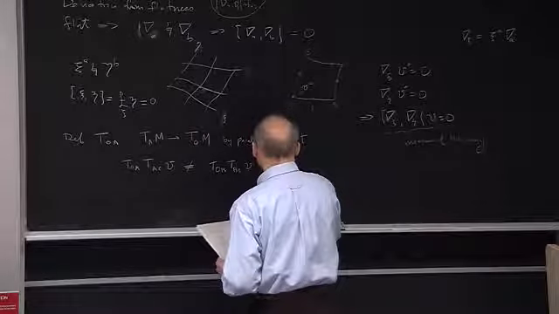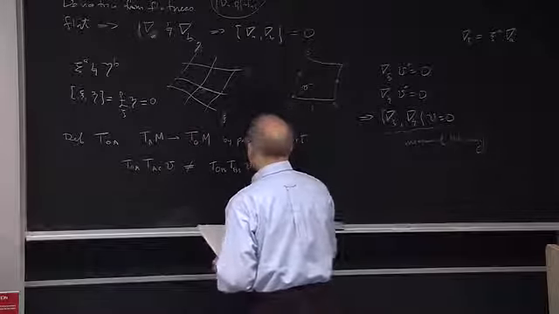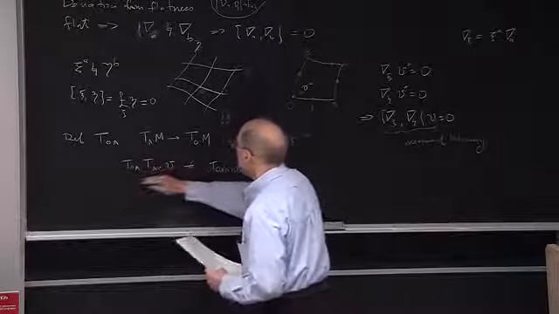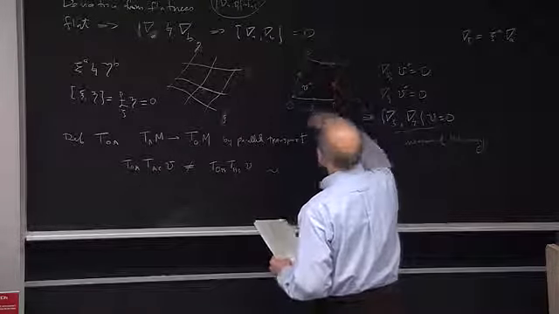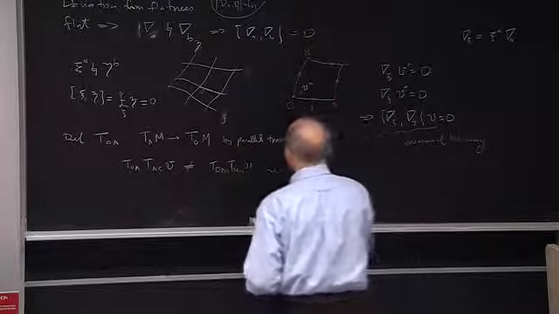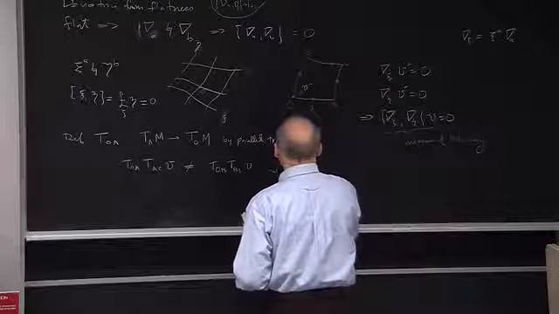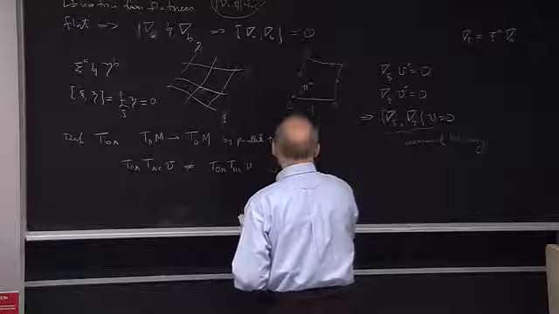We'll see, up to a factor of 1/2 or something, that this is effectively the holonomy element, the result of parallel transport around a loop.